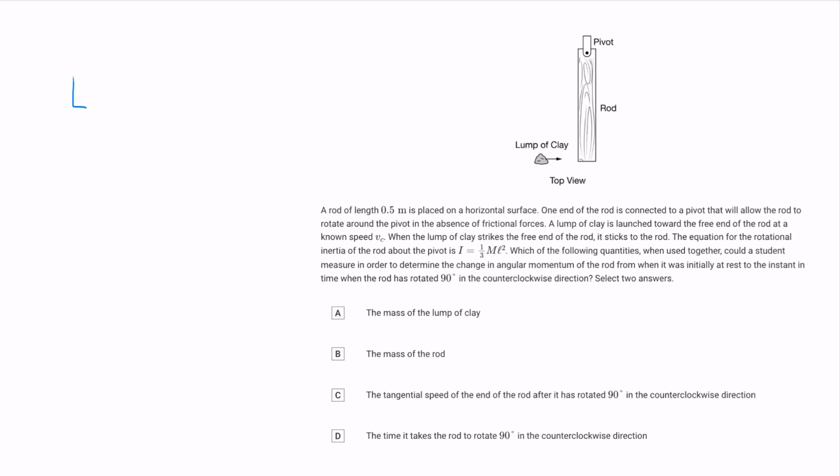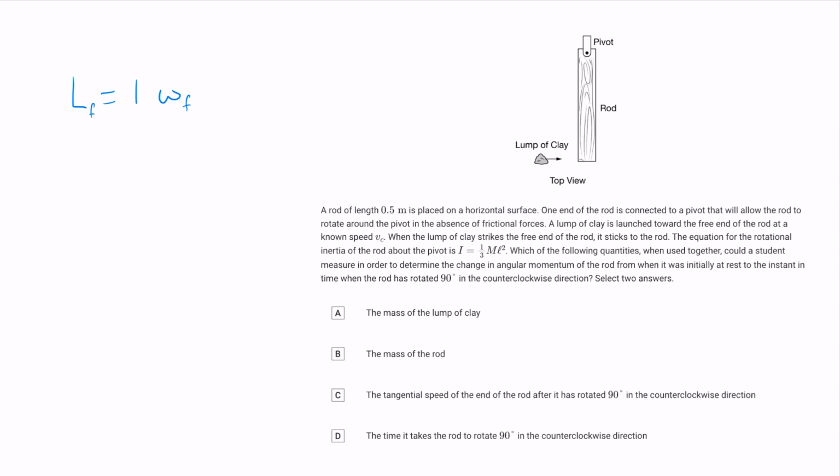I know that the mathematical definition for angular momentum is moment of inertia times angular velocity. And again, we're looking for the final value here. So we need some information about the final point, or in this case, when the rod has rotated 90 degrees in the counterclockwise direction, right? What would be nice is if we had the angular velocity at the 90-degree point, but none of the answer choices give us the angular velocity.